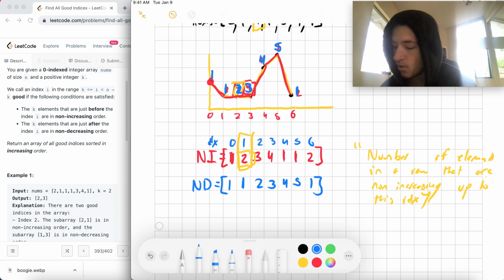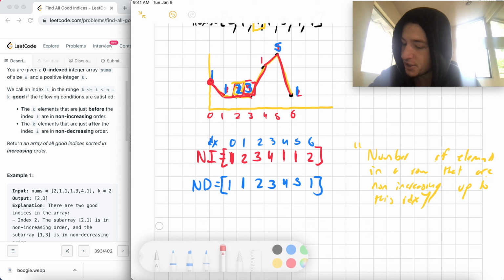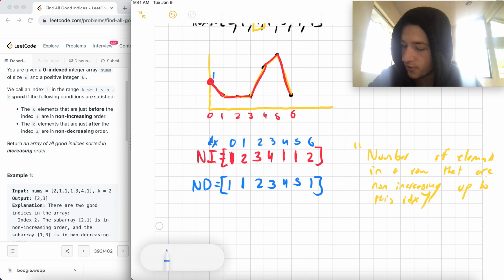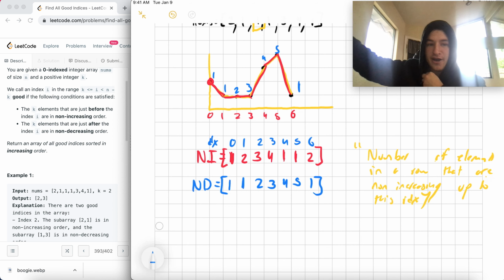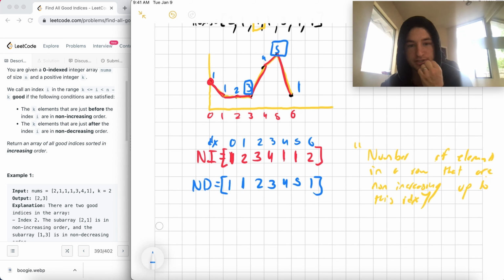Okay? So if I want to look at information to my right, now I'll redraw this. So these are the non-decreasing points. If I want to know if I have k elements to my right that are non-decreasing, that would mean: how many elements do I have in a row, k to my right, that are non-decreasing?